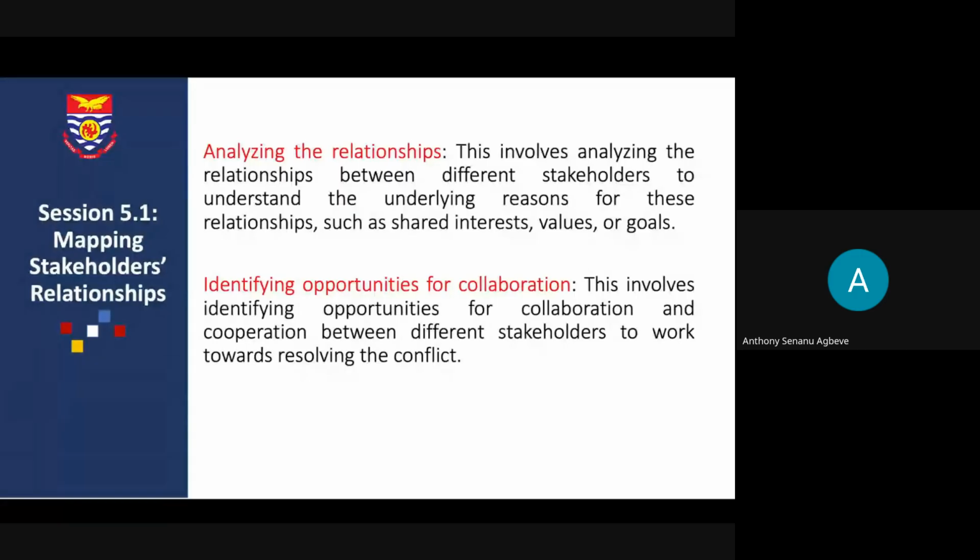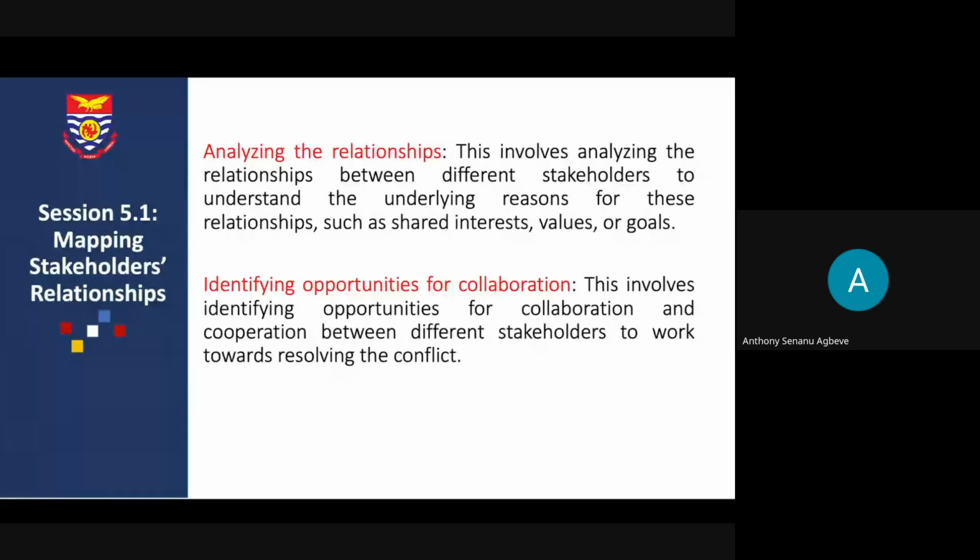Because if at the end of the day they all want one thing to be done, then it means we are all fighting towards making peace. So then we'll be able to bring all of them together to ensure that that peace is achieved. So the common goals and relationships that exist among them will determine whether they will be able to collaborate to ensure that peace.